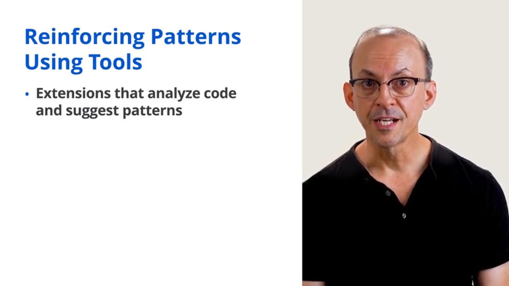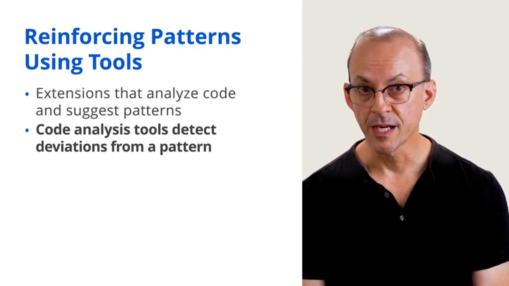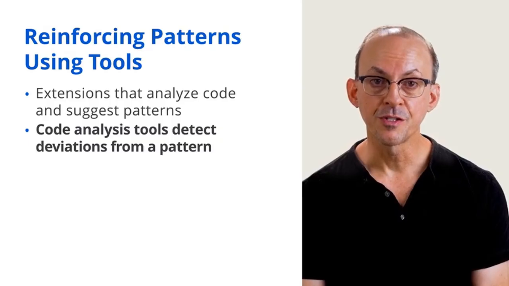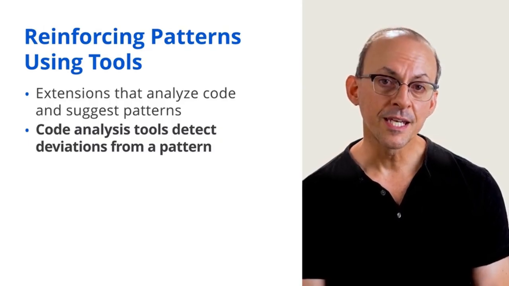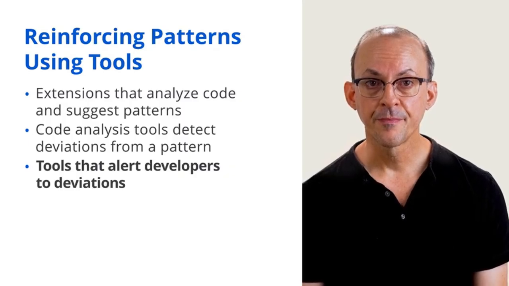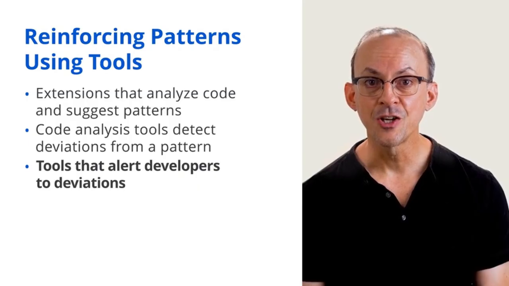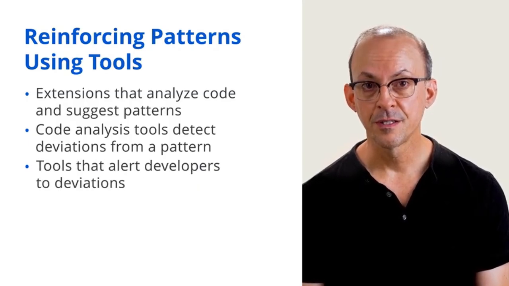Visual Studio Code's integrated development environment can analyze code and detect deviations from best practices, including the improper use of patterns. When they detect a deviation, they can alert the developer so they can make changes. These tools help developers write code that is consistent and adheres to the architectural patterns.